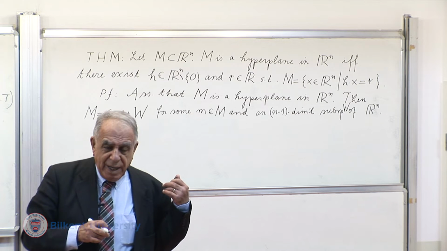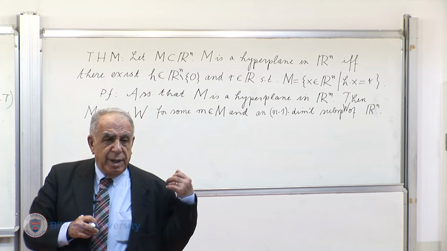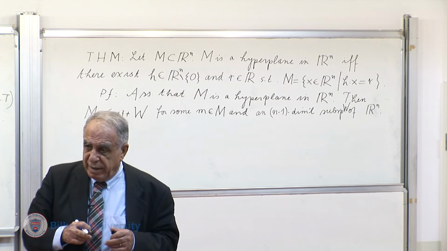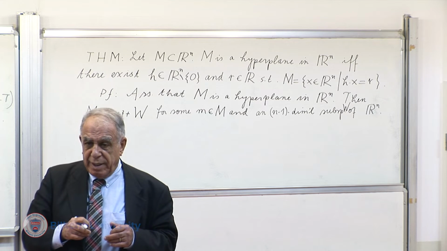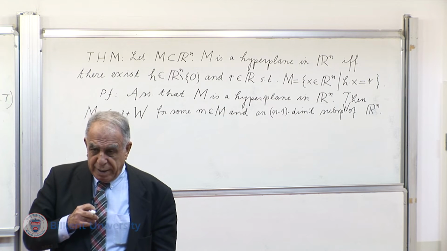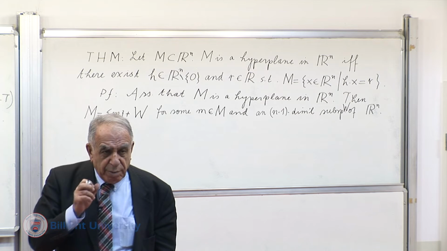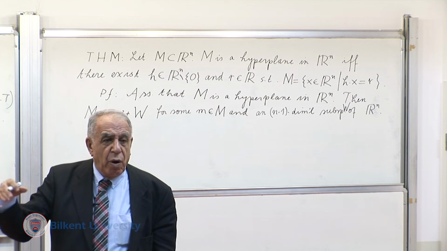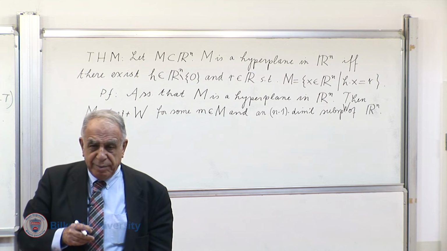We can take these n minus 1 vectors, which form a basis, as an orthonormal basis. Well, normal, their norms will be equal to 1.